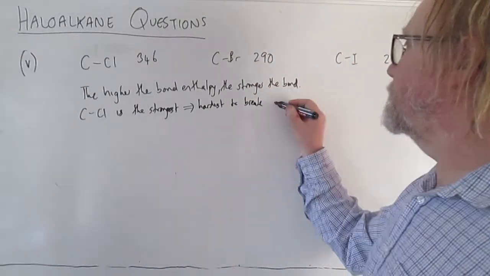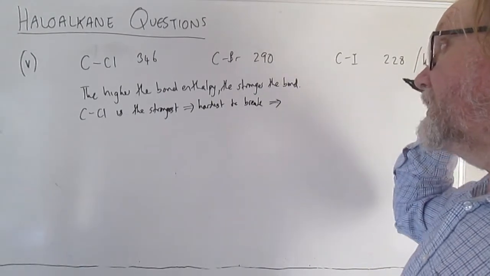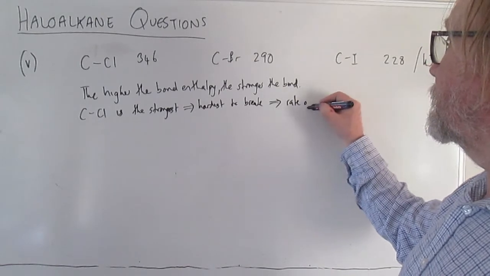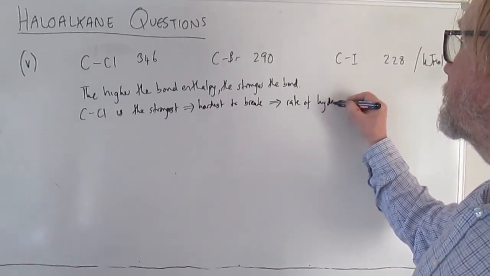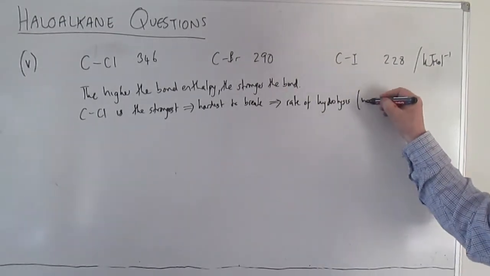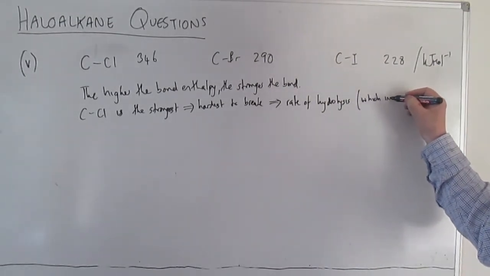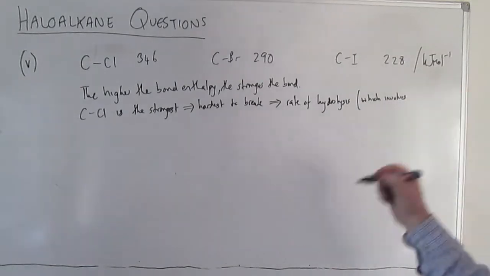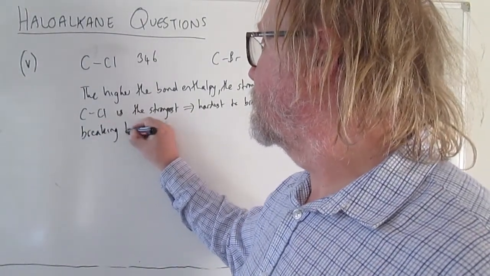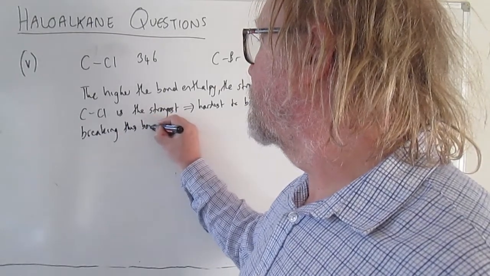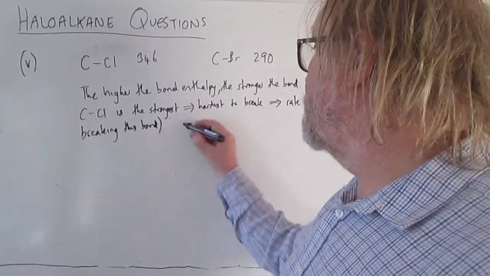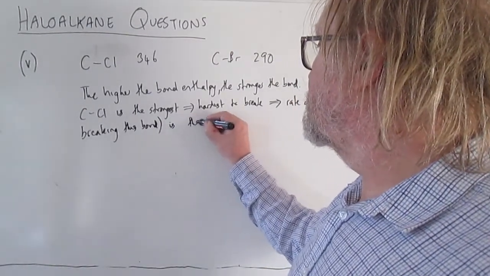And if it's the hardest to break, it means that the rate of hydrolysis, which involves breaking this bond, is the slowest.